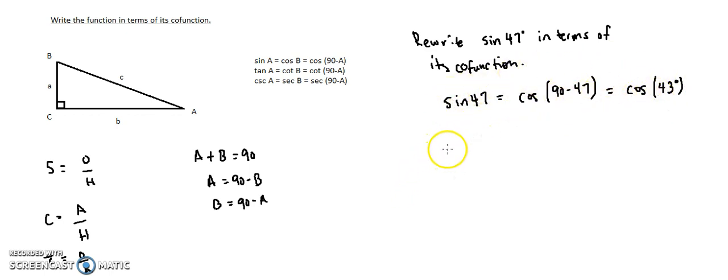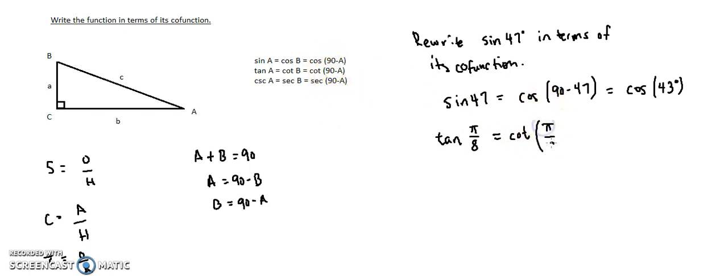So let's say that we have, looking for one that we didn't do in class, tangent of pi over 8. So its cofunction would be cotangent. And here we did it in terms of degrees, but of course 90 is the same as pi over 2.